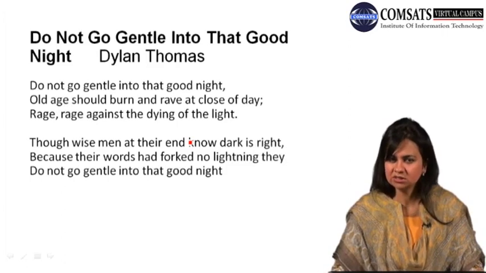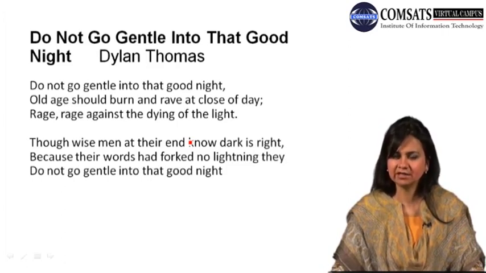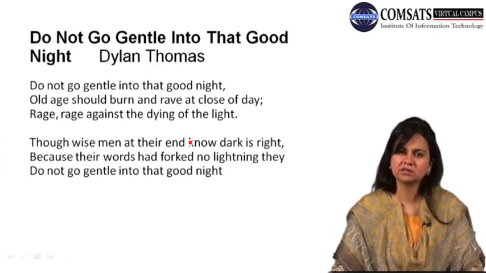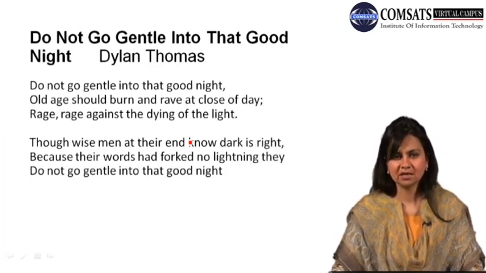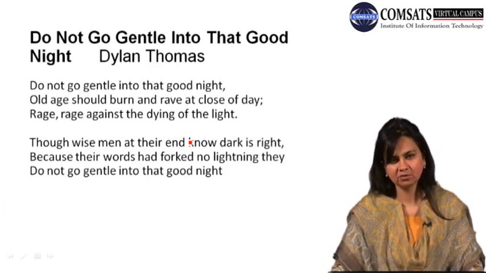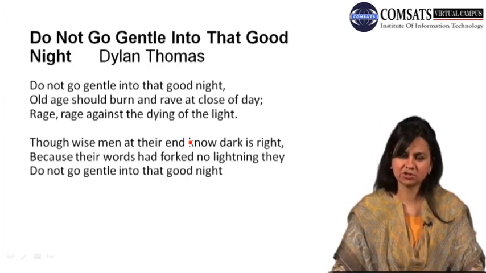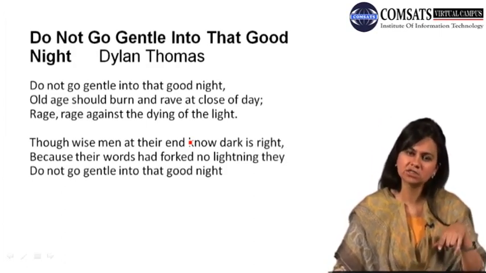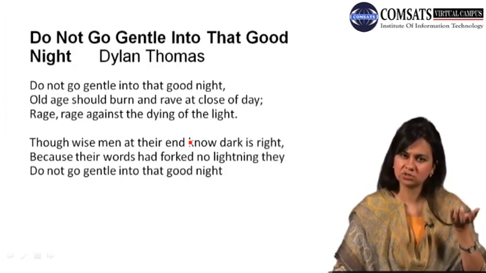Now we know that words are sounds, words are not visuals. Light is emitted from either the sun or the moon or from bulbs or tube lights. But here, words had forked no lightning is an example of selection restriction rule violation, because we expect words to emit sound, expression, language, verbal expression.